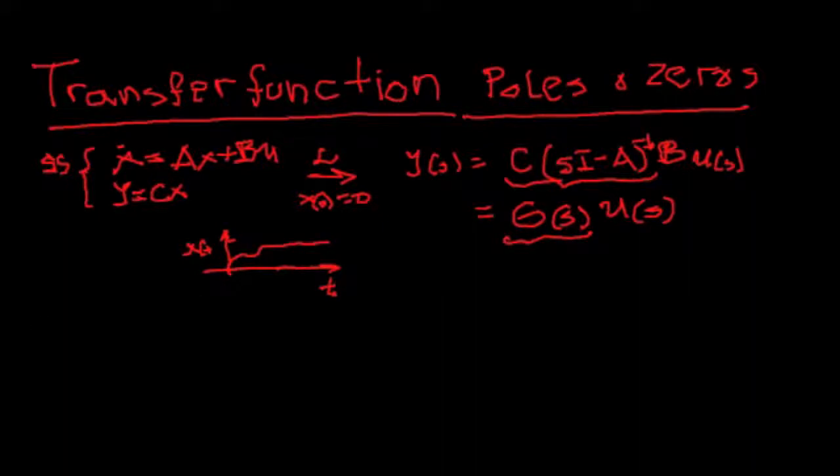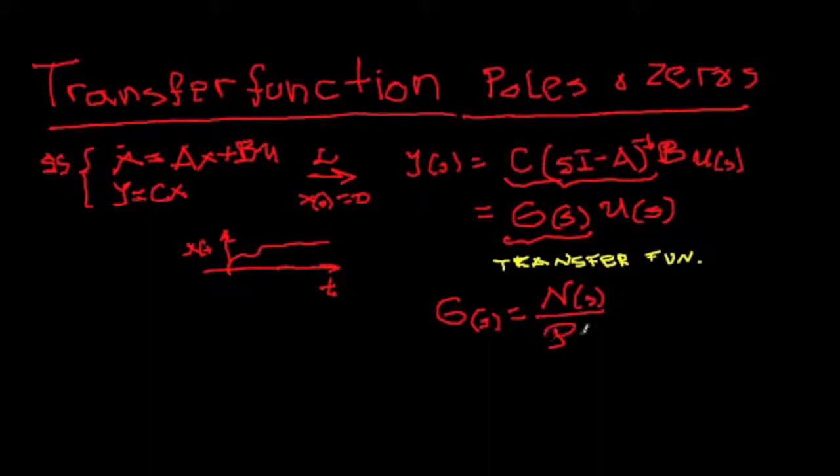This transfer function, in this case, can be written also for a SISO system, single input, single output, as a division of two polynomials, n of s and p of s.